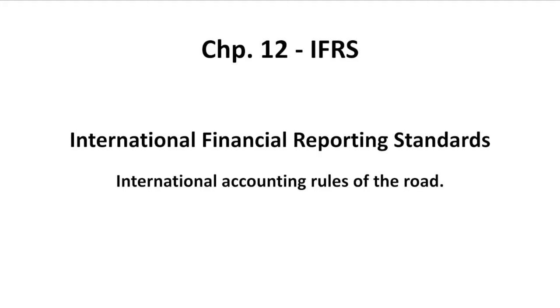GAAP is really U.S. based, and so the Securities and Exchange Commission requires that there be financial accounting standards. Those are turned over to the Financial Accounting Foundation, which creates the Financial Accounting Standards Board, which creates generally accepted accounting principles for us.